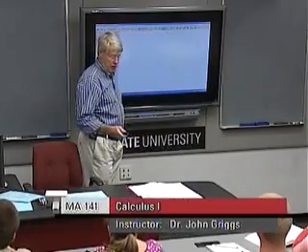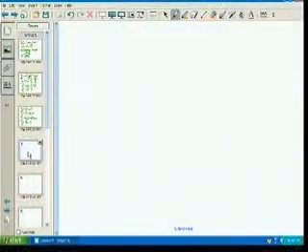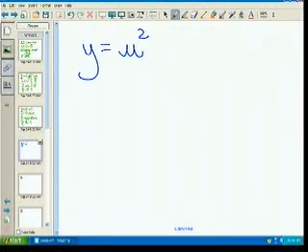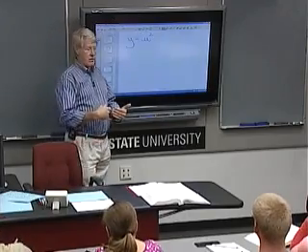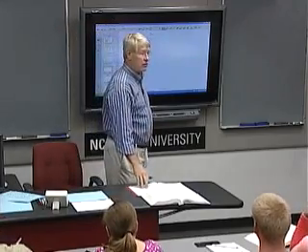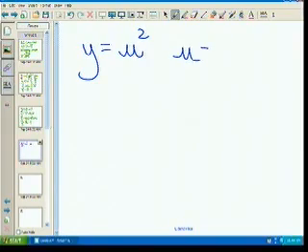Let's break the problem down into an inside function and an outside function. What are the two functions we had? We had a squaring function, which was the outside function, and then an inside function, which was a doubling and subtracting 1 function. So there are our two functions.